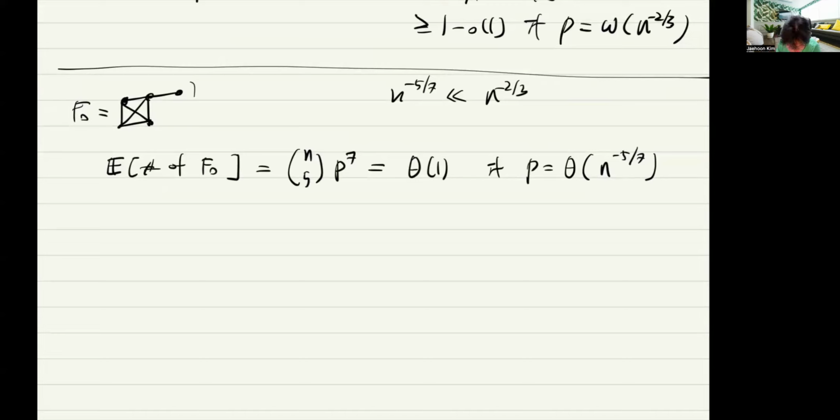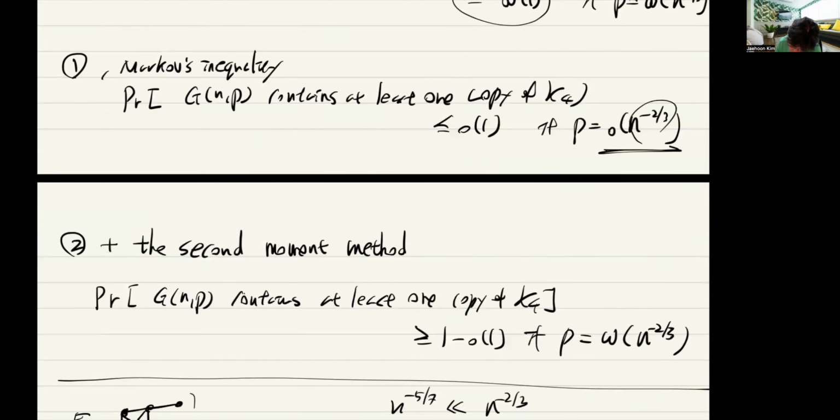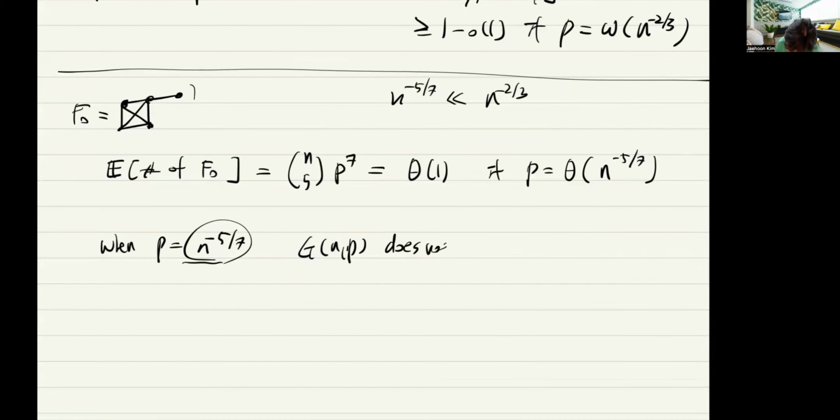But what do we know? When p is n to the negative 5 over 7, even if you multiply by a large number, for large n this is much smaller than n to the negative 2 over 3. So G(n,p) does not contain K4 with high probability.